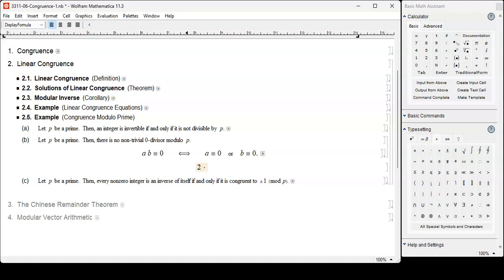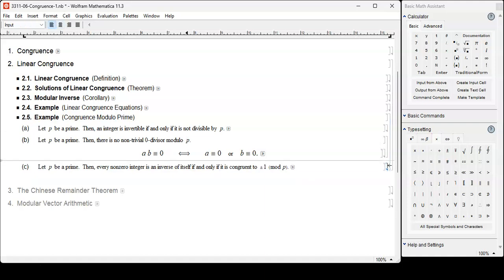For example, 2 times 3 is 6, and that can be 0 modulo 6. Neither 2 nor 3 is 0, but 2 times 3 is 0 modulo 6, and the reason we have something like that is because this is a composite number. For prime numbers, that's not going to be possible, and we set out to prove that.